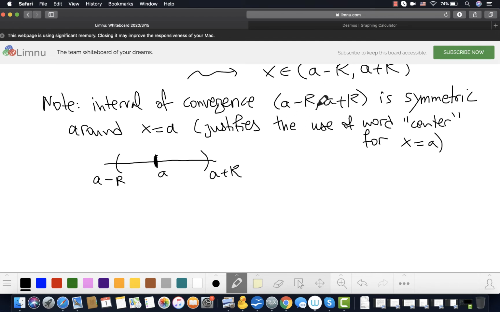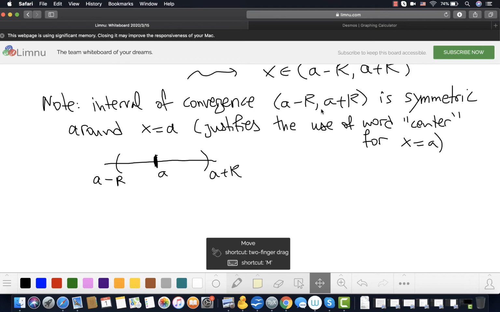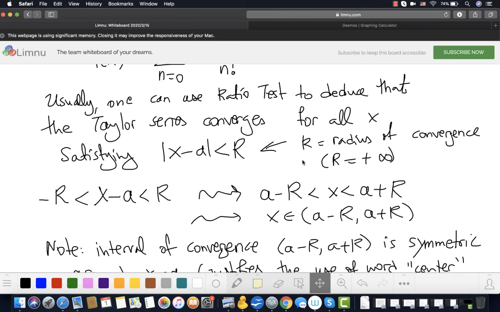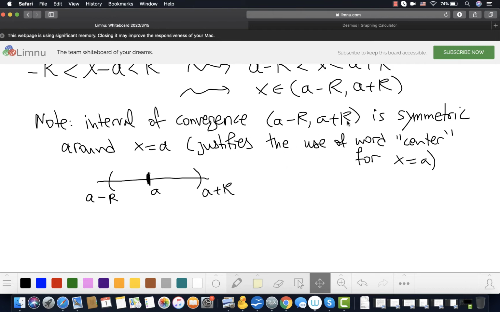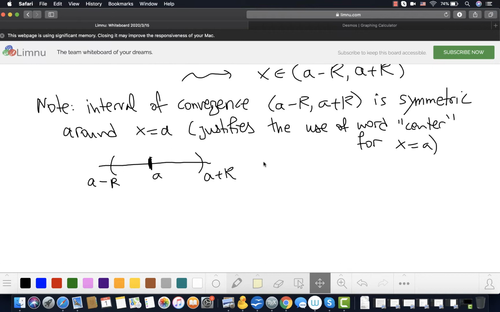Okay, so again, sometimes you have to check the endpoints manually. You might have to plug in a minus r and see, when x is a minus r, whether this series converges or not. So for endpoint behavior, it's not guaranteed whether it will converge or not, but it's at least the open interval, and sometimes it might include the endpoints.